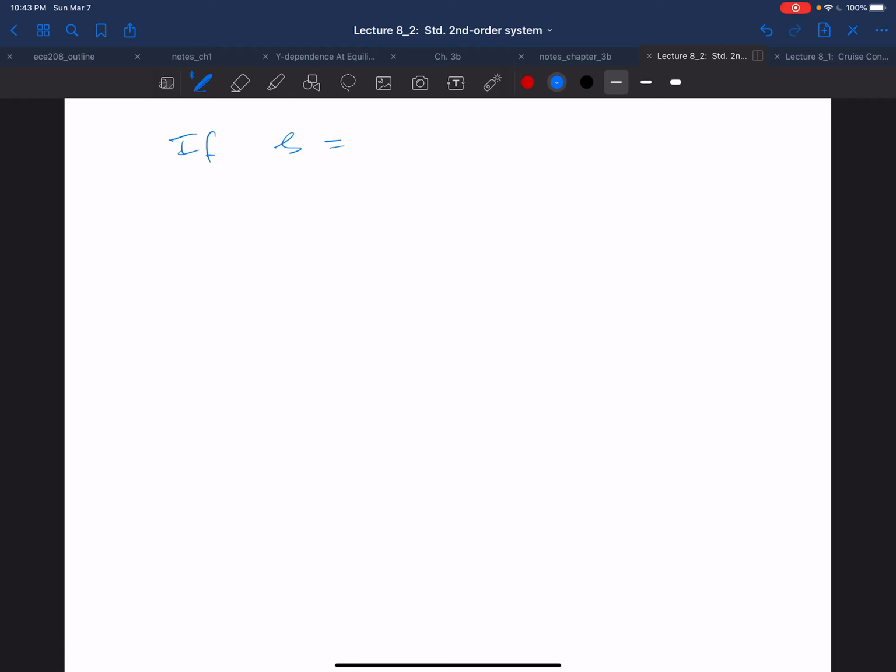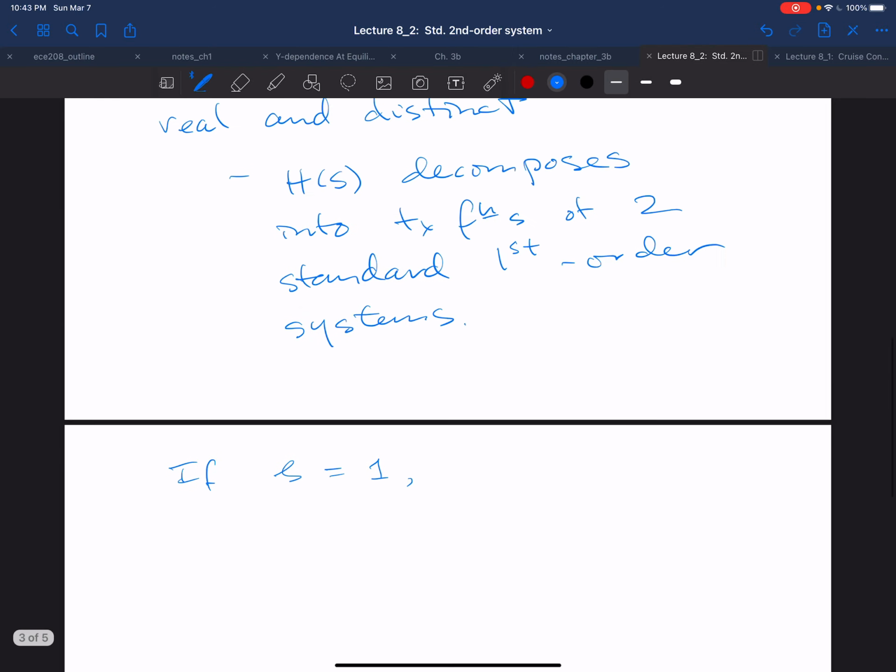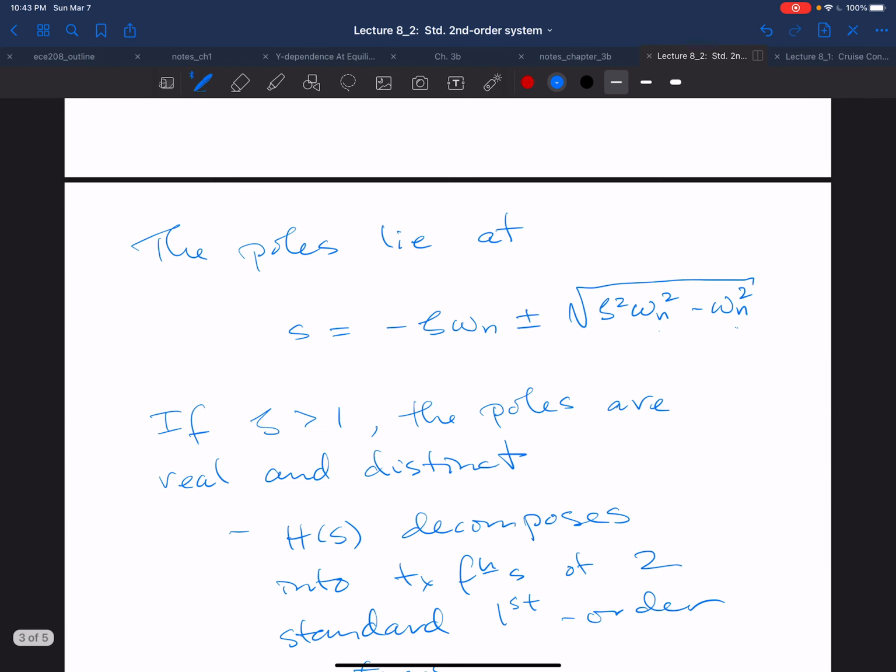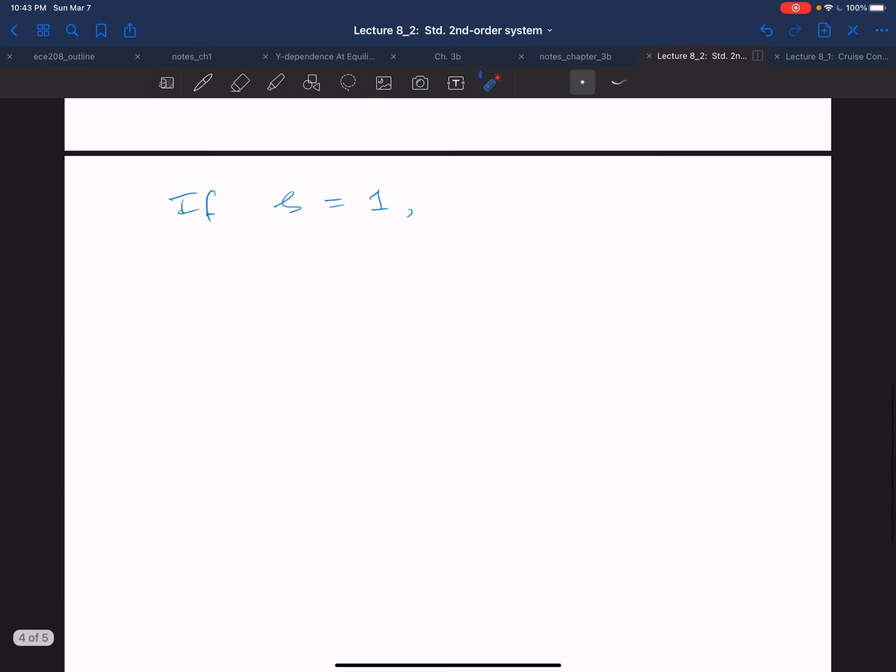If zeta equals 1, then we have a repeated pole. If zeta equals 1, the term under the square root sign is 0. So we have two poles at s equals minus zeta omega n.